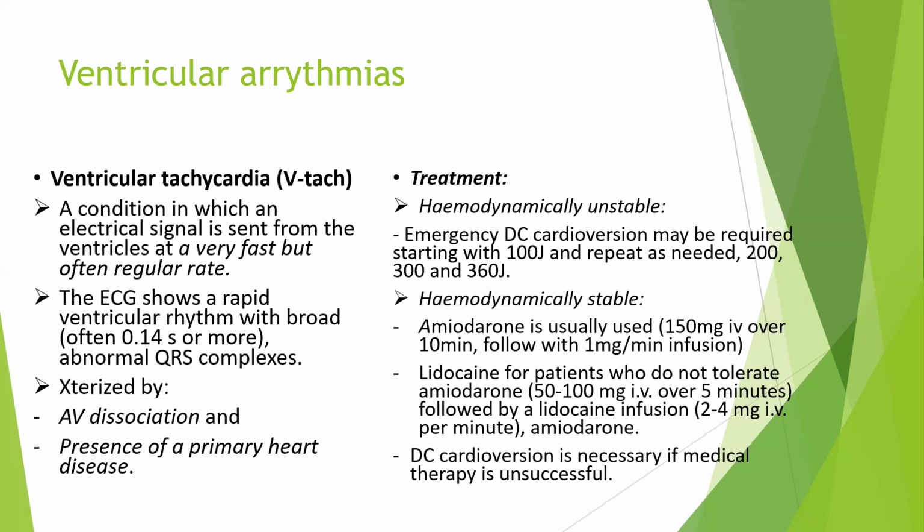It helps to control the rate and tries to stabilize the rhythm once a normal rhythm has been restored. For patients who do not tolerate amiodarone, you can use lidocaine. Lidocaine is a class 1 antiarrhythmic, so 50 to 100 milligrams IV over 5 minutes, and you can follow with an infusion, but note that this requires careful monitoring.